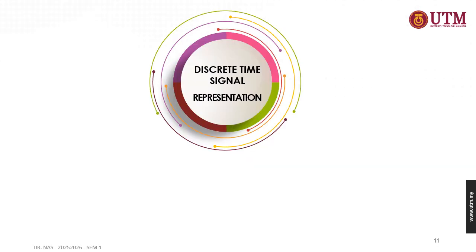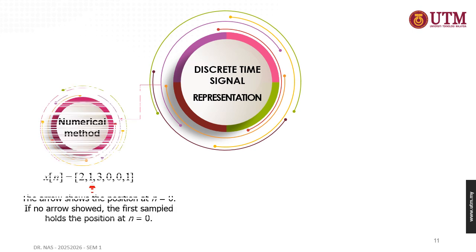Okay, a discrete time signal can be represented in two types. The first one is the numerical method, in which you can see the signal representation in sequence. The values shown are not the location, but these values show the amplitude at a specific location.